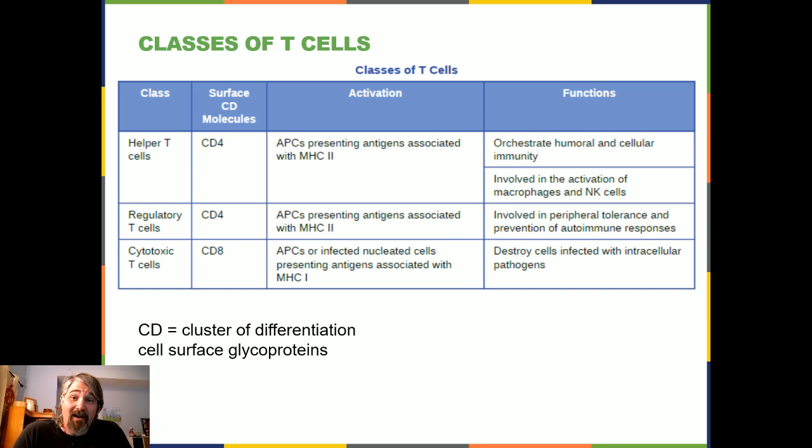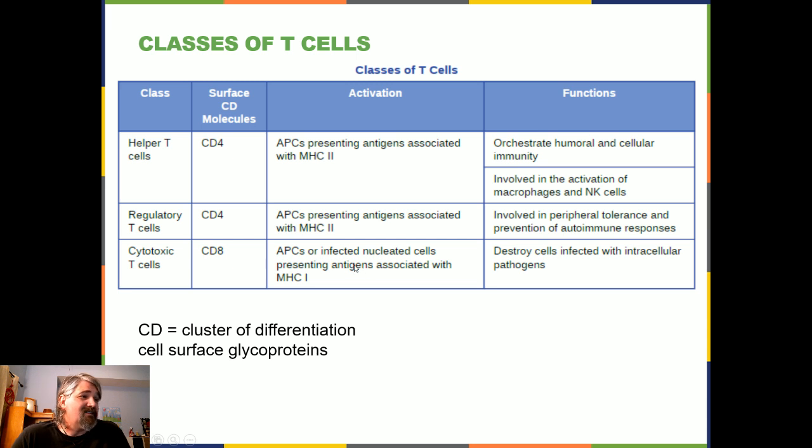So cytotoxic T cells have CD8 and are activated by antigen-presenting cells or infected cells. MHC class 2, right? Antigen presenting antigens associated with class 2. Sorry, helper T cells and regulatory T cells, CD4, are activated by MHC class 2.